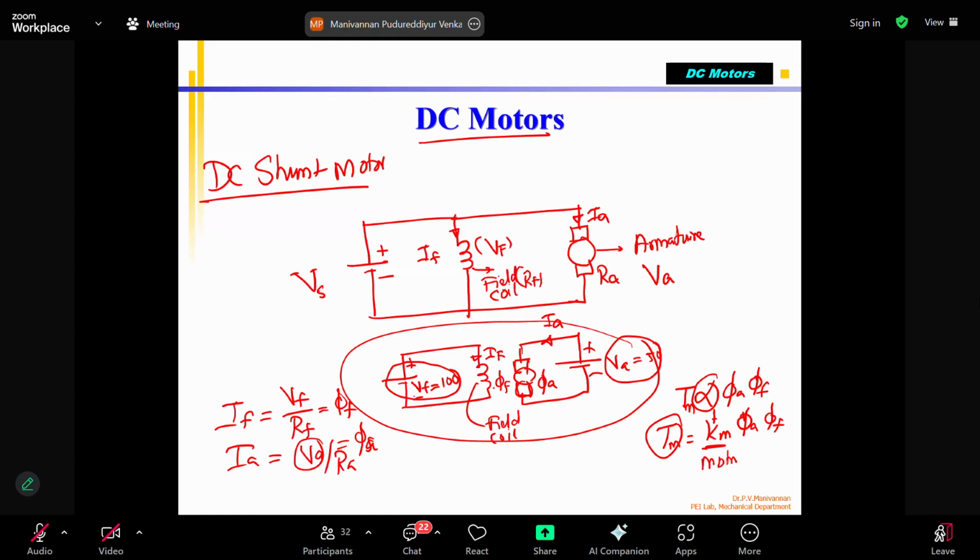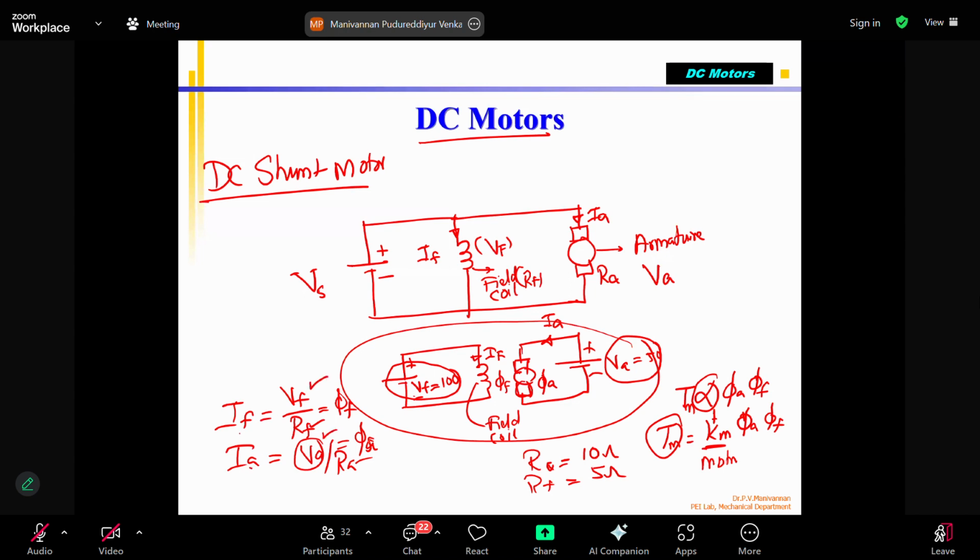Because the resistances are fixed once you have made the motor, say RA equals 10 ohms and RF equals 5 ohms. In this formula, RF is fixed and RA is fixed. The only variables possible are IF, proportional to VF, and IA, proportional to VA.